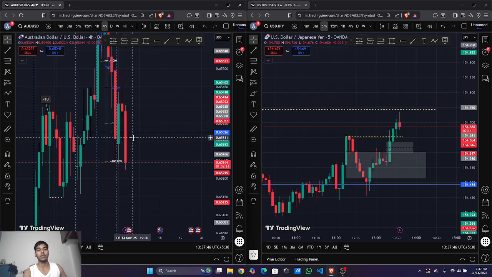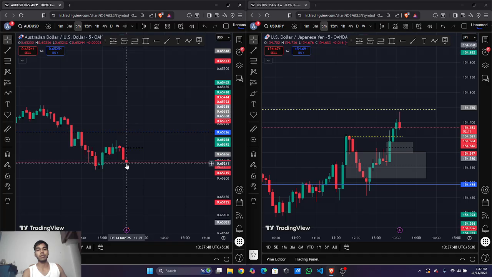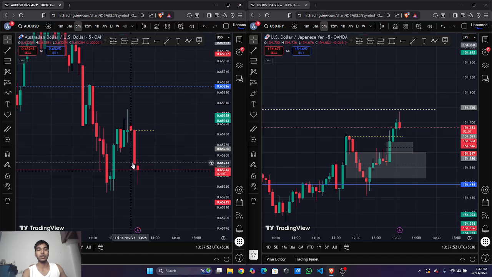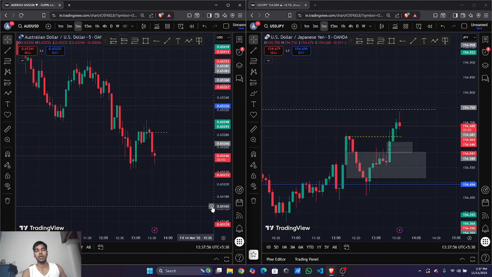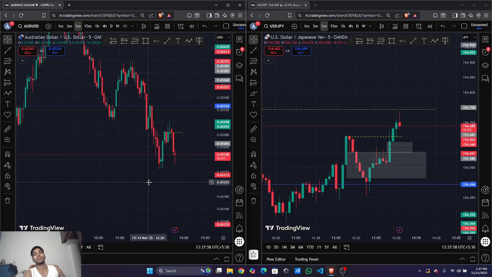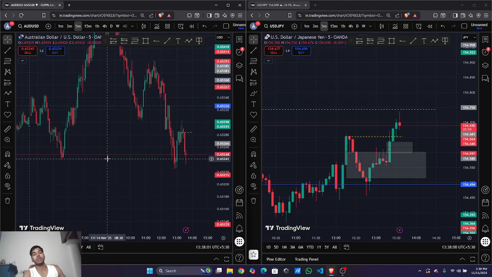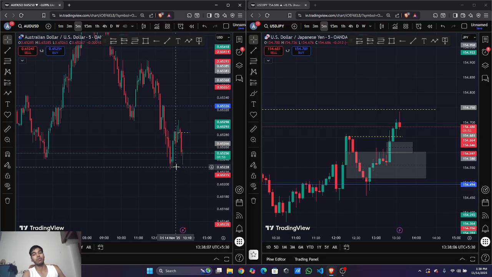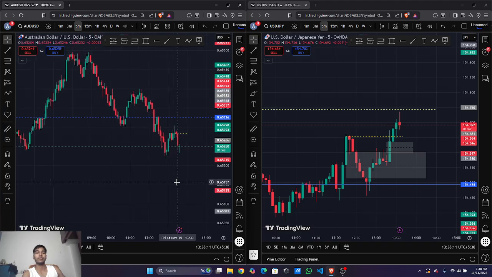In a way, this is a breakout structure. As a normal trader, I would enter over here, keep my SL over here and let it run. But in the higher time frame, if it's a sweep, then in the lower time frame I can wait for a breakout structure. I would prefer to have a breakout structure in both higher and lower time frames. That's the best.